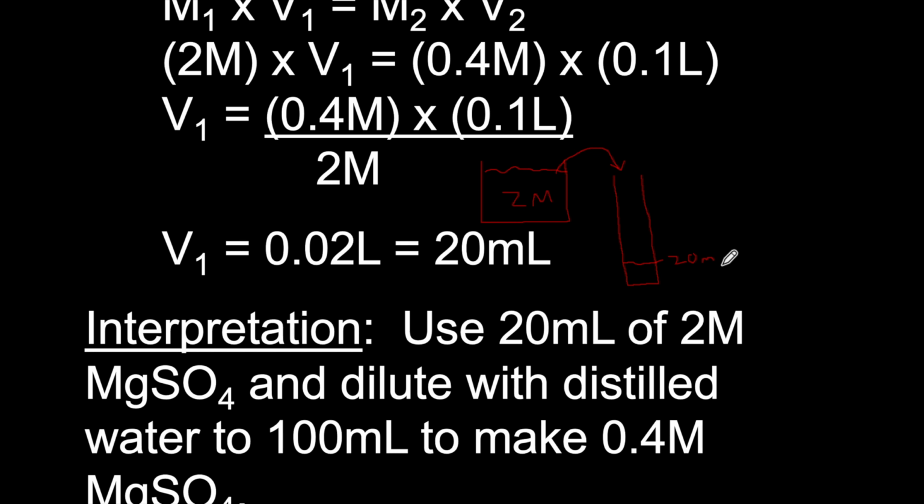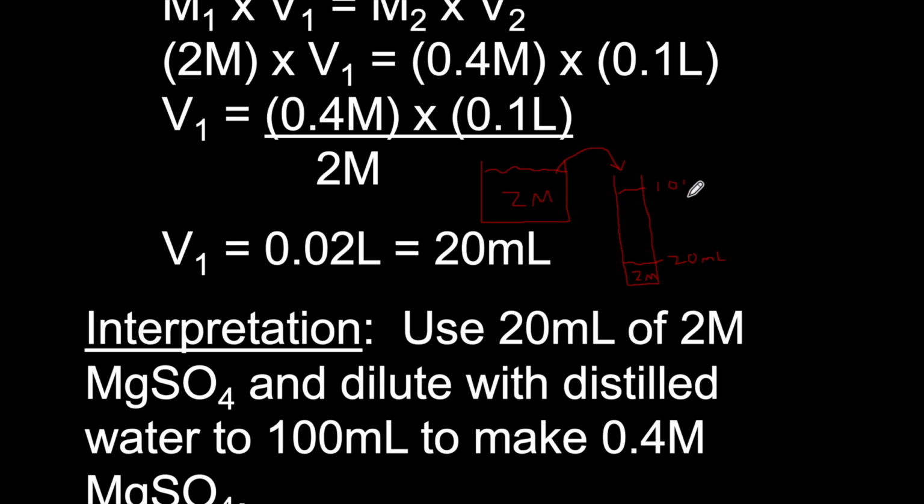This is not easy to do with the mouse here. Now when I pour this into the other container, this still has a concentration of 2 molar. But then in order to make this into 0.4 molar, and I need 100 milliliters, in other words, I bring this volume up to 100 milliliters.